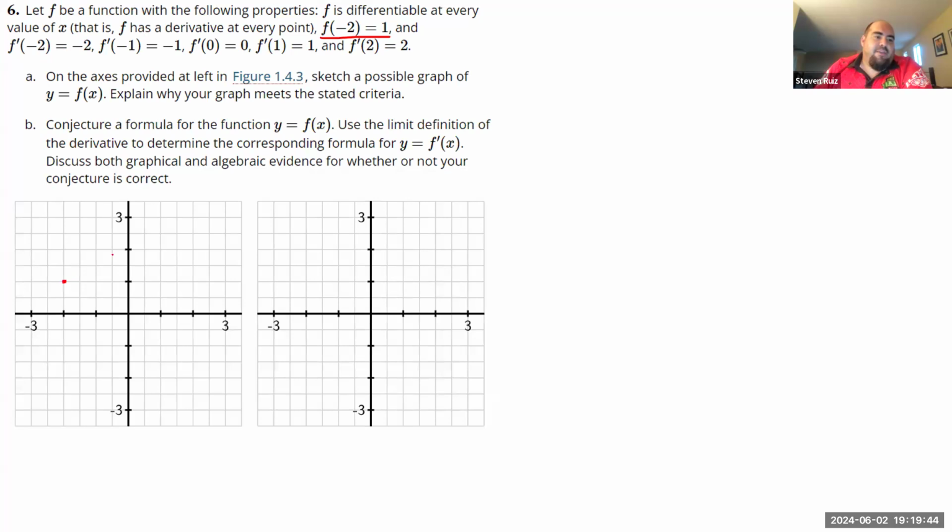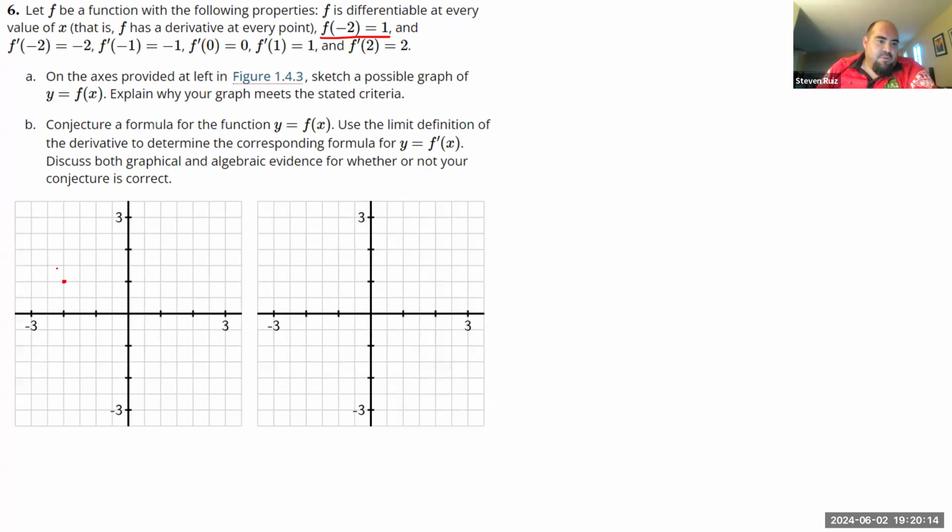So what does that mean, f prime? That is referring to the derivative. We know that f of -2 is 1, so that's a point on this graph. But the derivative also tells us something about how the function behaves there. At x equals -2, we have an instantaneous rate of change of -2. Graphically speaking, we can think about that as being the slope of a tangent line.